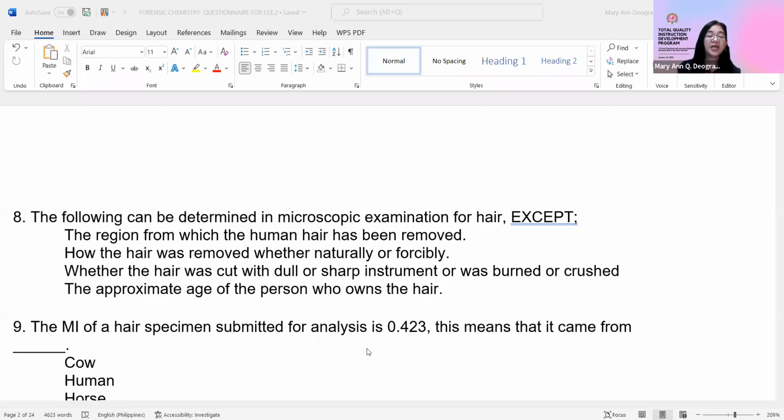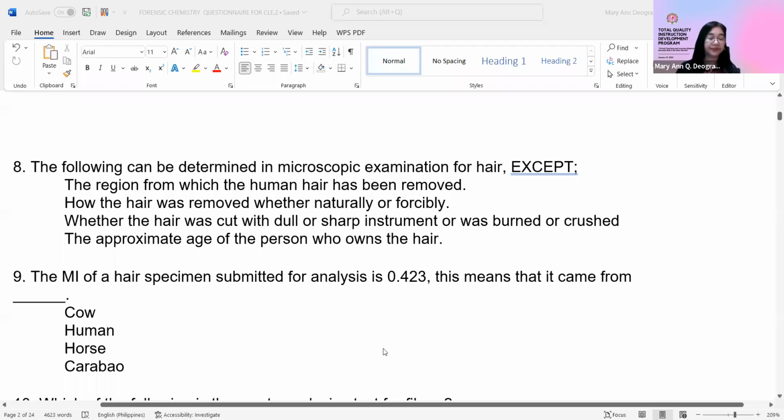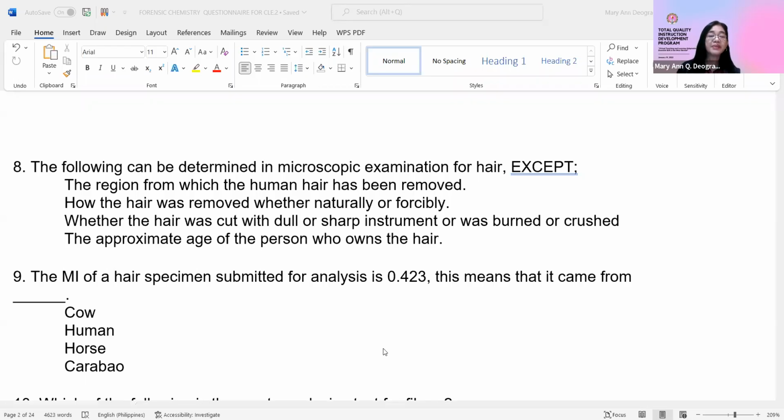Number 9, what is MI? The MI of a hair specimen submitted for analysis is 0.423. So this means that it came from, is it cow, human, horse, or carabao? Common sense yan. Ano sagot? Okay, letter B, that's for human. When we compare human from animal hair, MI, by the way, is medullary index.